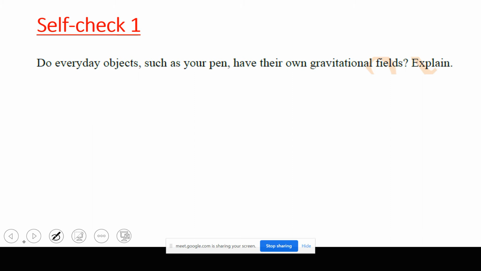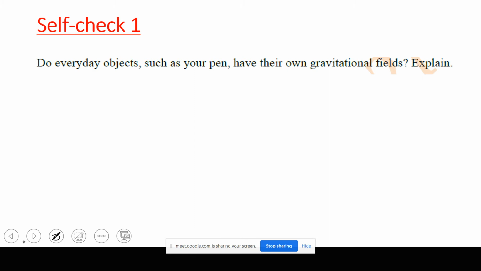Yes, teacher. Because pens have mass and the gravitational field is a region of space around mass. All everyday objects that have mass therefore have their own gravitational fields.